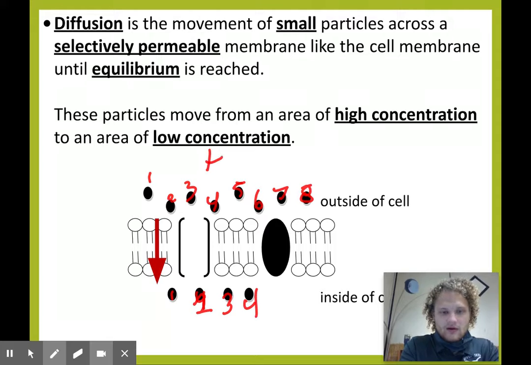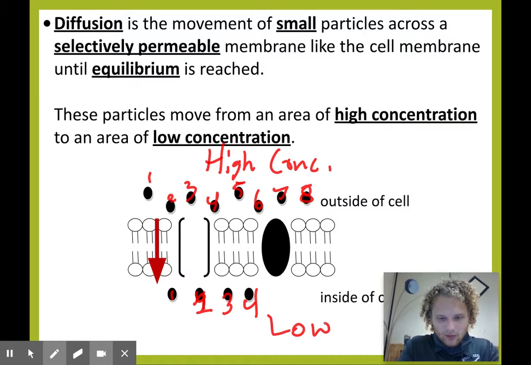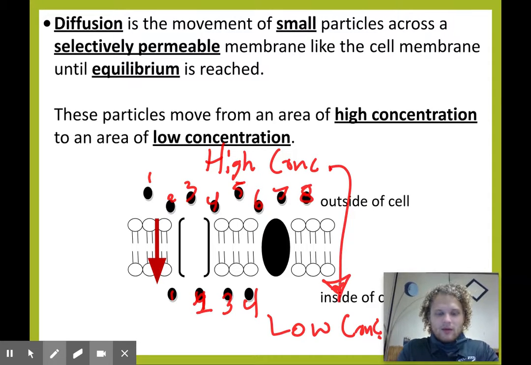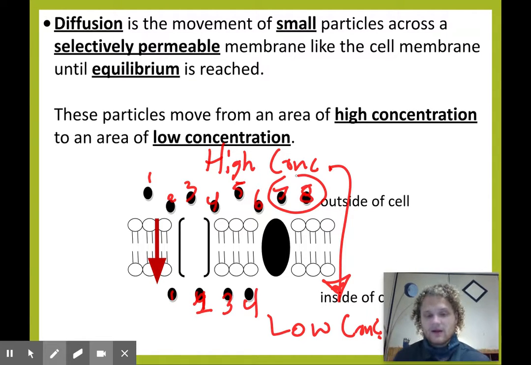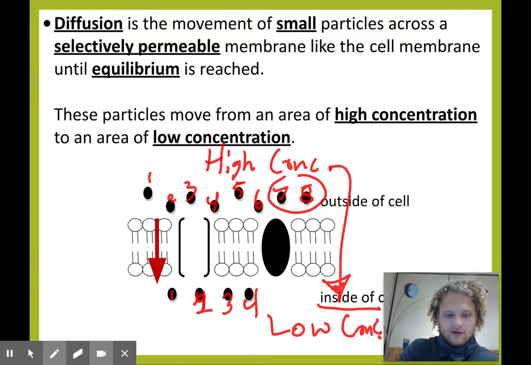This is our area of high concentration, and we need to go to low concentration. So we're going to flow this way. We're probably going to have about 2 particles at least, so that way we have 6 on each side. Then it reaches equilibrium. So we're going to have particles flow into the cell. This is the inside of our cell.